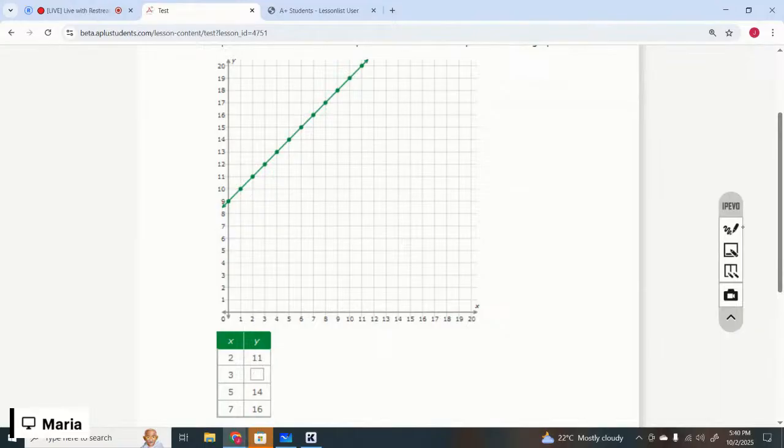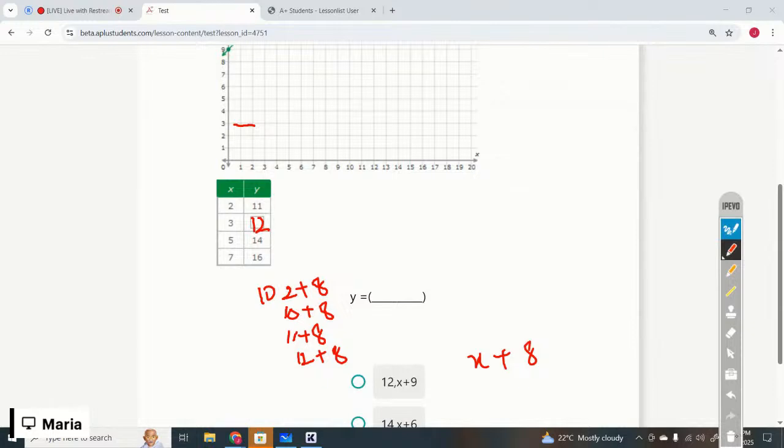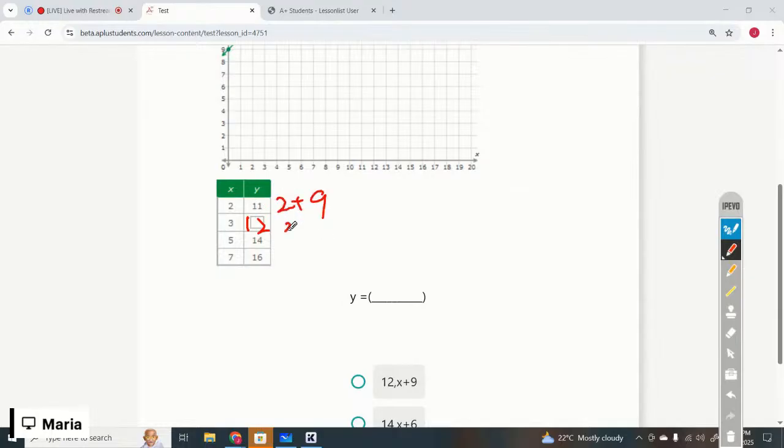Yes, 12 it is. So the missing value is 12. 2 plus 9 is 11, 3 plus 9 is 12, 5 plus 9 is 14, and 7 plus 9 is 16.